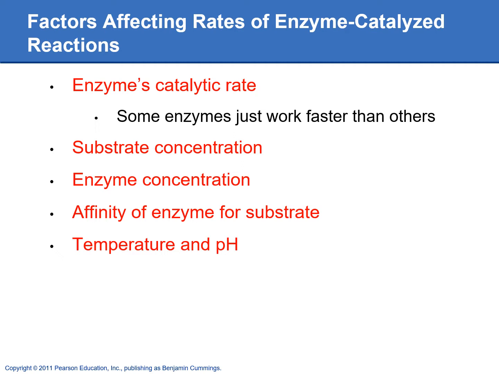That's something that the cell can change. The affinity of the enzyme for the substrate, that's just, again, a property of the enzyme. And then temperature and pH, usually the cell is not going to be changing those because we want to maintain those in homeostasis, so we don't want to usually be changing those.